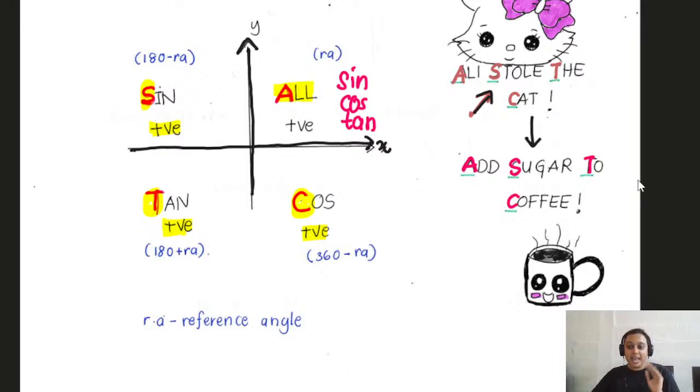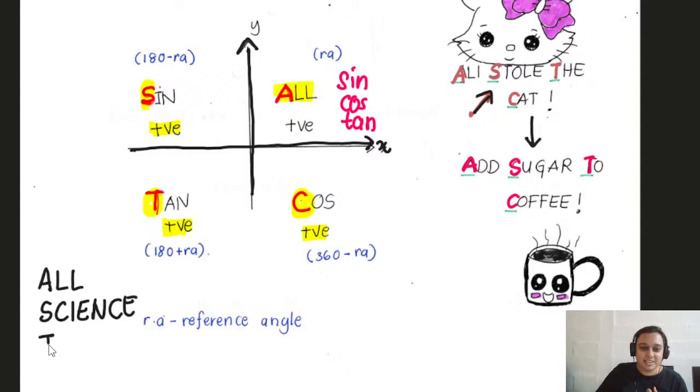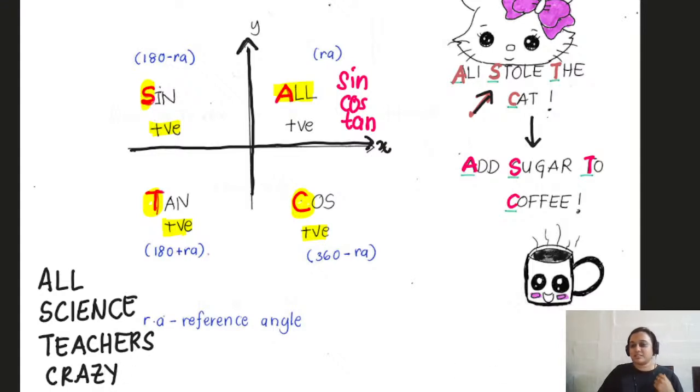And now most students like this one, I don't know why. A for all, S is for science, T is for teachers, C is crazy. All science teachers crazy.